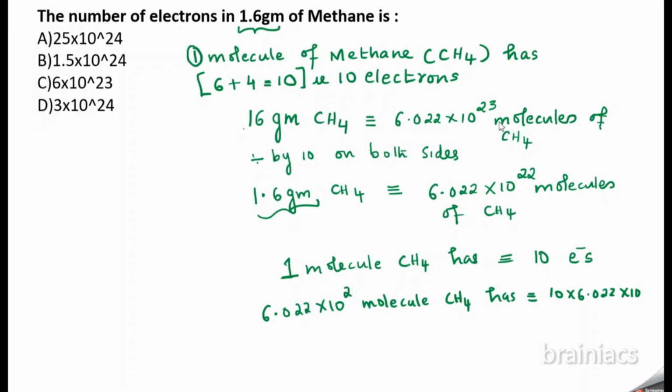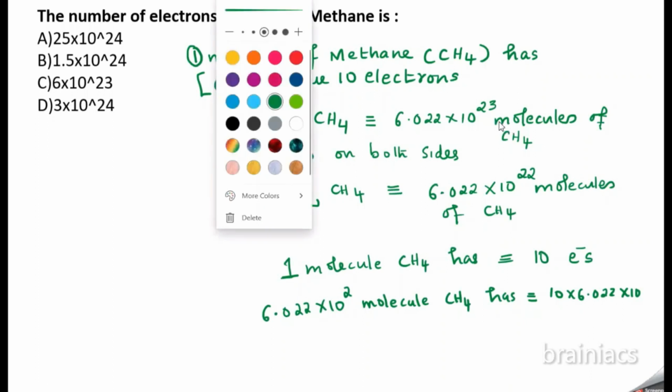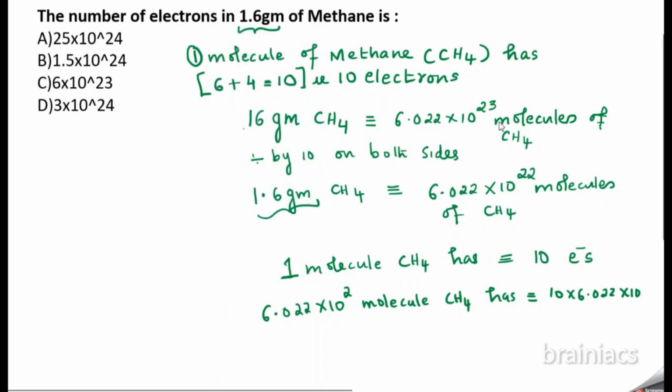You should be very careful while taking down the values. So this is 10 power 22, because it is 6.022 into 10 power 22. So 6.022 into 10 power 22 molecules of CH4 has 10 into 6.022 into 10 power 22 electrons.